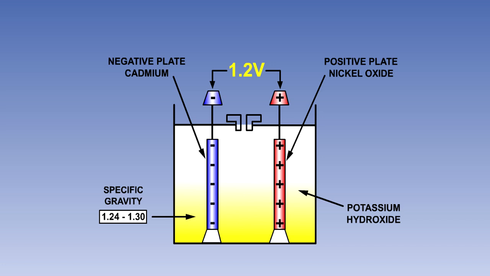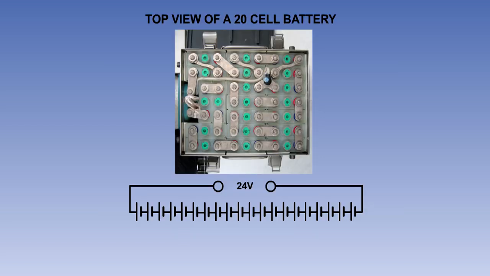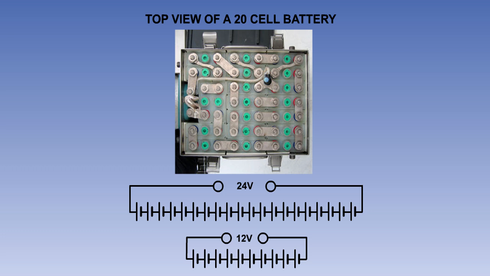The on-load voltage of one cell is approximately 1.2 volts. A 24-volt battery will consist of 20 cells in series and a 12-volt battery of 10.